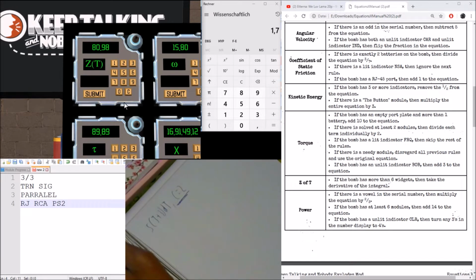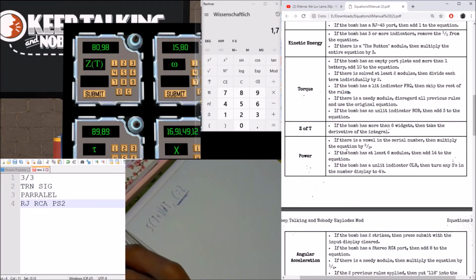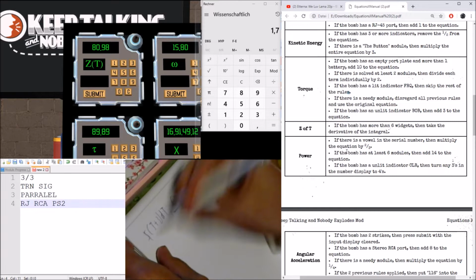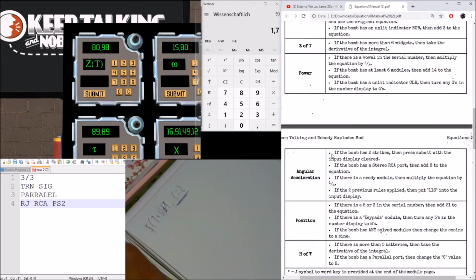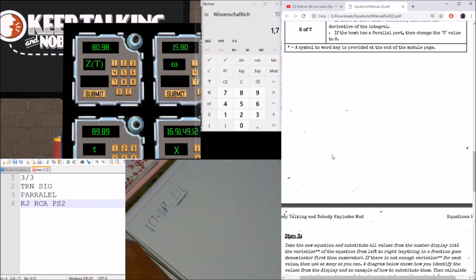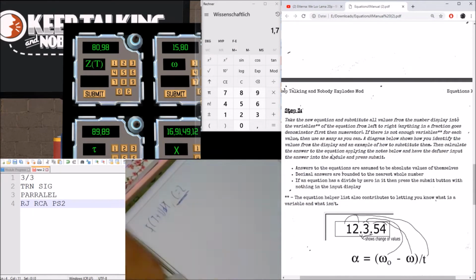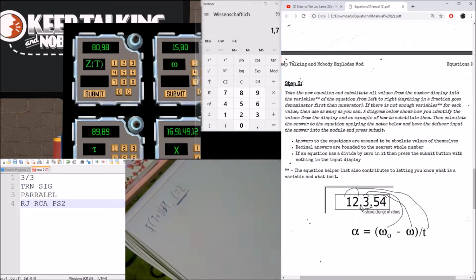The only thing you have to remember is you can literally skip the s and the dt. They're just to show that it is an integral equation.